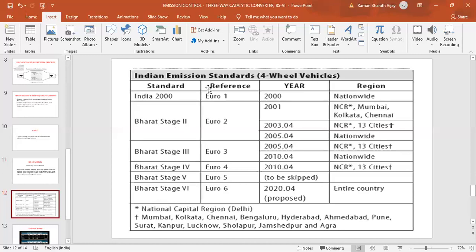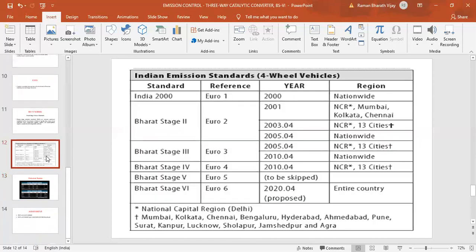So we referred to the European standard and created Bharat Stage 2, 3, 4, everything. The main ideology of BS2, 3, 4, and now the advanced BS6, is to reduce the proportion of harmful gases. Okay, so that is our aim.